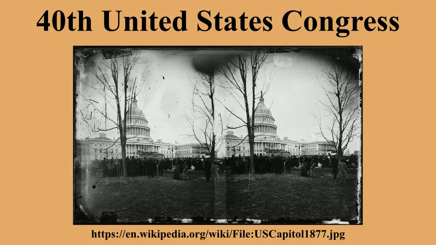In this Congress, Class 1 meant their term ended with this Congress, requiring re-election in 1868. Class 2 meant the term began in the last Congress, requiring re-election in 1870, and Class 3 meant the term began in this Congress, requiring re-election in 1872.